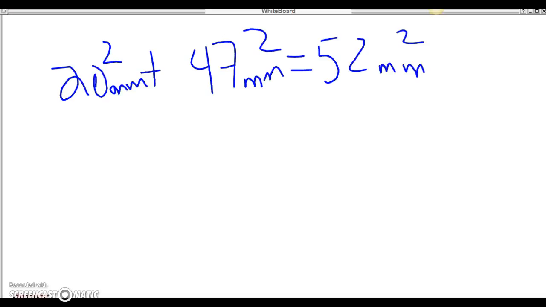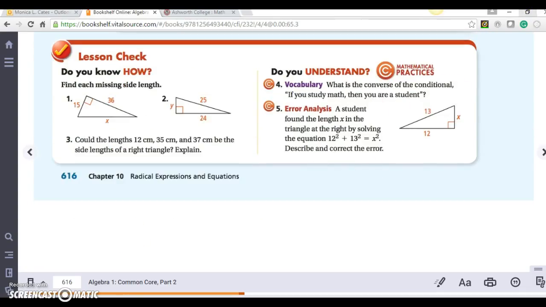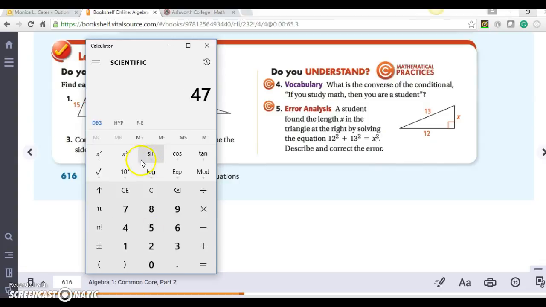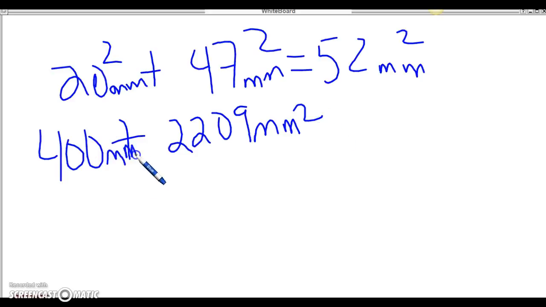So we get 400 plus 47 squared, which is 2209. And I want to know, does it equal 52 squared?